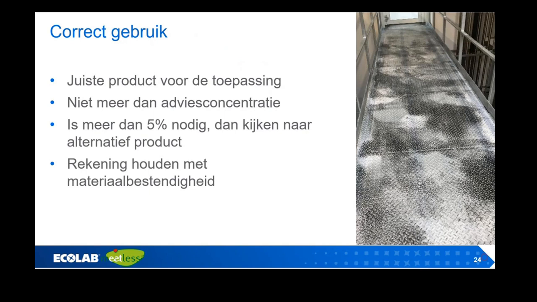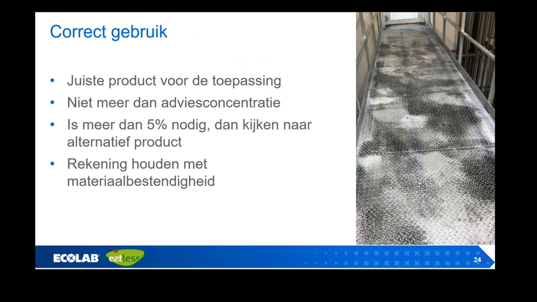This is an example of a walking bridge by a customer, and it was brand new. The one who was cleaning it did not clean it with the right product.